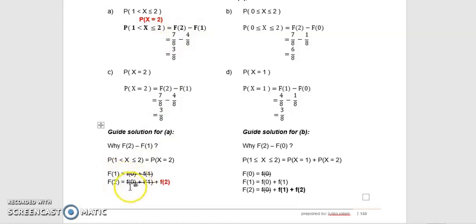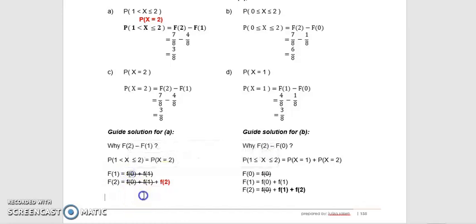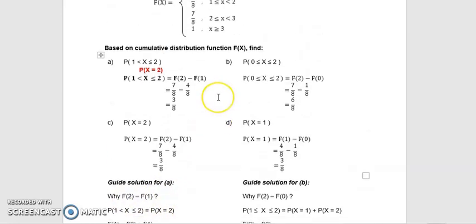That's why we can find this by using f2 minus f1. Again, f0 minus f0 here will be 0, and f1 here minus f1 here will also be 0. Then we only have f2. So that's why the probability of x more than 1 and less than or equal to 2 is given by f2 minus f1.